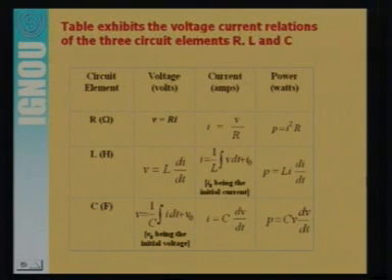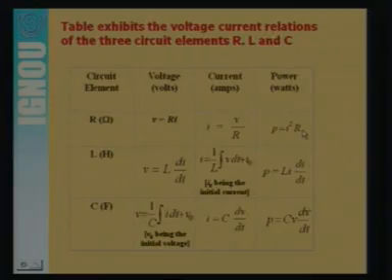So we can see the voltage and current relationships at a glance. Here you can see R, L, C, and the voltage relationship, current relationship, and power relationship for each case. In the case of R, v is equal to Ri, i equal to v by R, P is equal to i square R. In the case of the inductor, the unit of inductance is the henry.